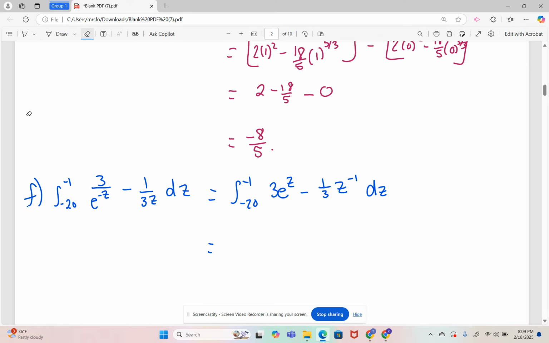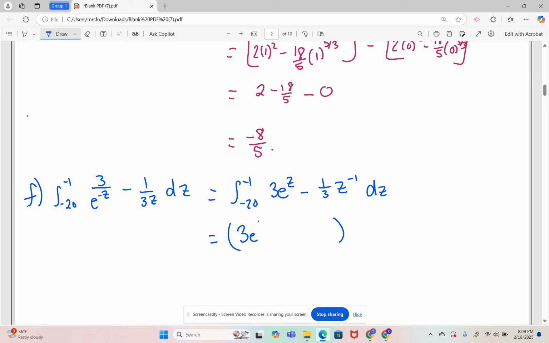So we can go ahead and take the antiderivative. I did put the equals. So we say the antiderivative of 3e to the z is 3e to the z minus that 1/3 natural log z. And this is on the interval from -20 to -1.